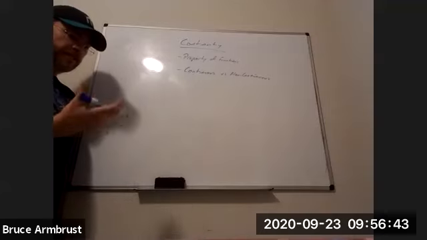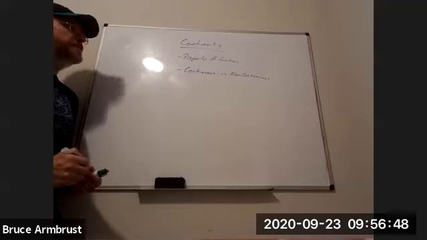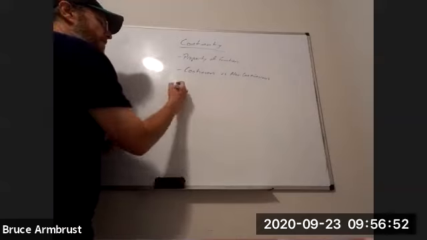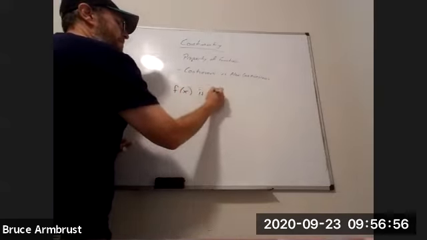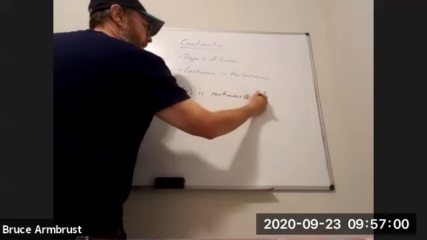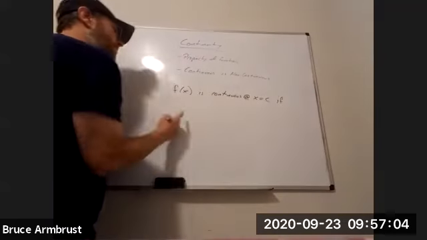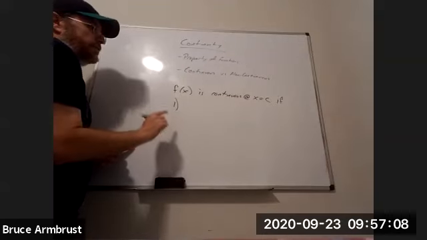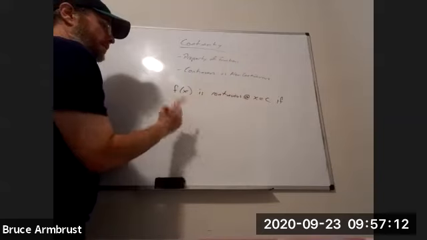So the question is, what's the difference? Well, let me give you the definition of what it means to be continuous. We say that a function, f of x, is continuous at a point x equals c if 3 things happen. There are 3 things that have to occur for a function to be continuous at a point.